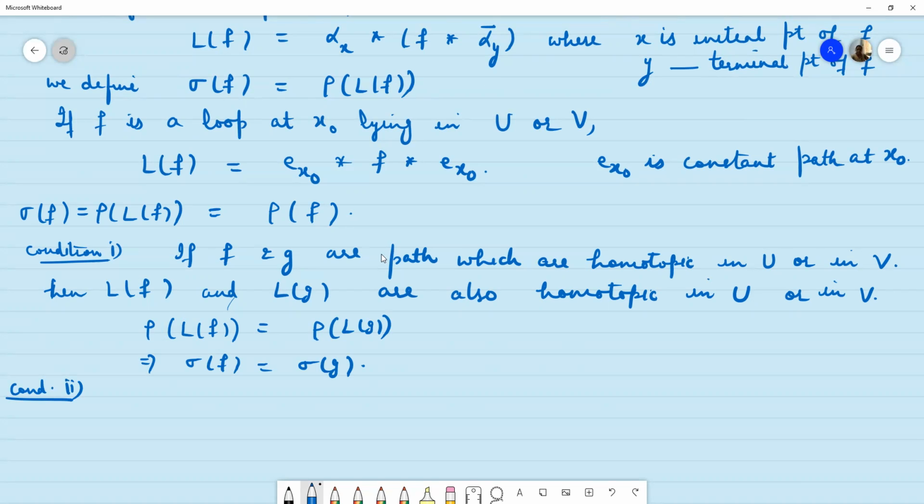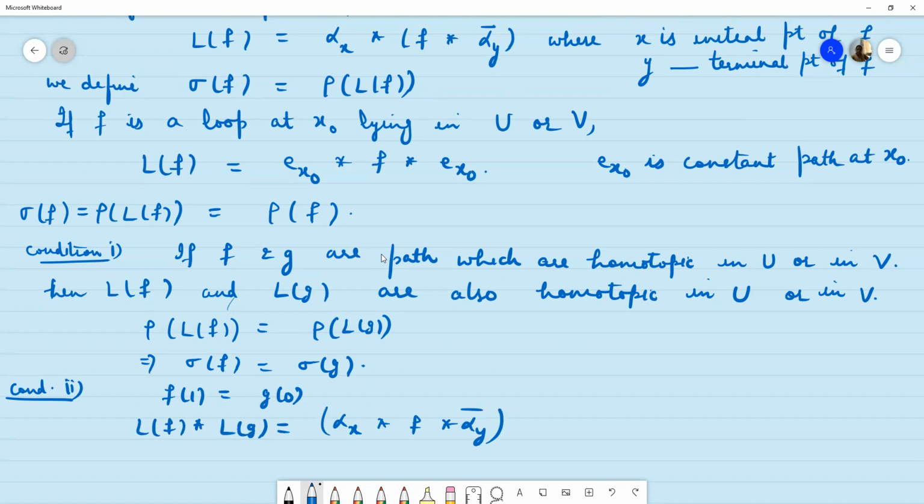Now we take F and G to be arbitrary paths such that F star G is defined, which means F of 1 is equal to G of 0. So let F and G be arbitrary paths either in space U or in V such that F of 1 is equal to G of 0. Then what is LF star LG? By definition, LF is alpha x, F, alpha y bar.